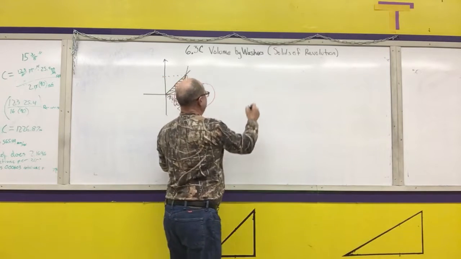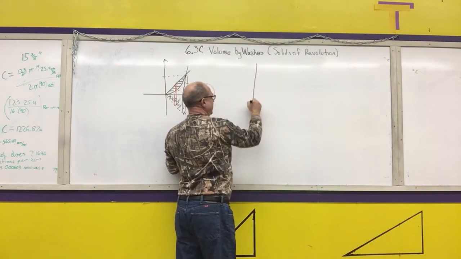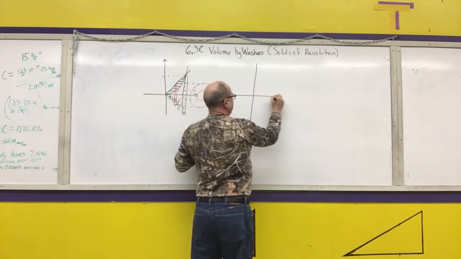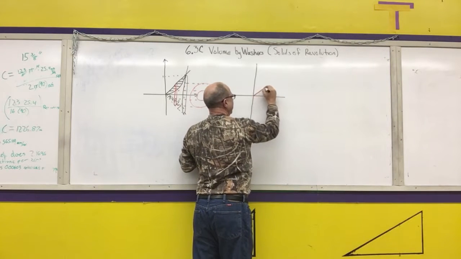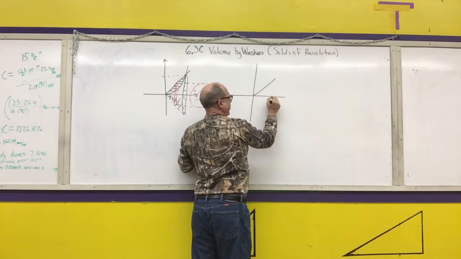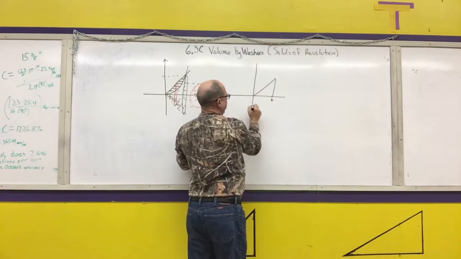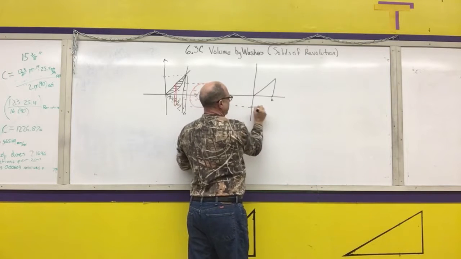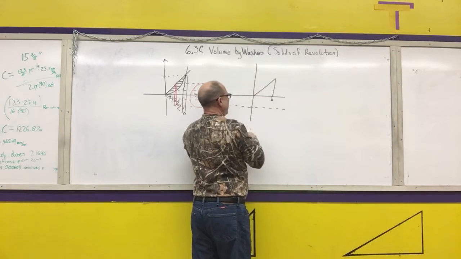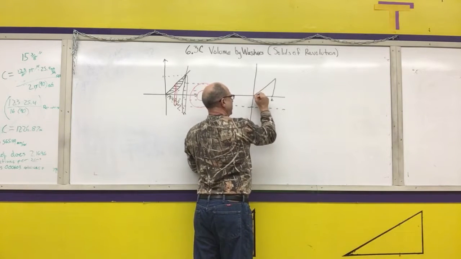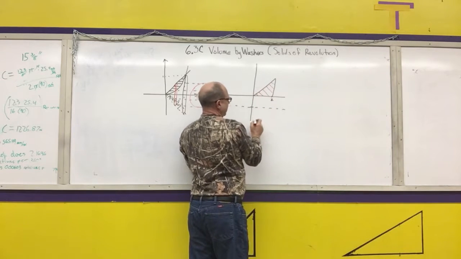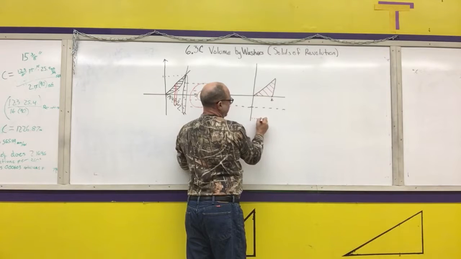The second way that I can get a volume by washer is if I take a single curve. I'm going to do y equals x, and let's just go to x equals 2. And let's say we revolve this around some line here, the region that's enclosed between my figure and the x-axis.